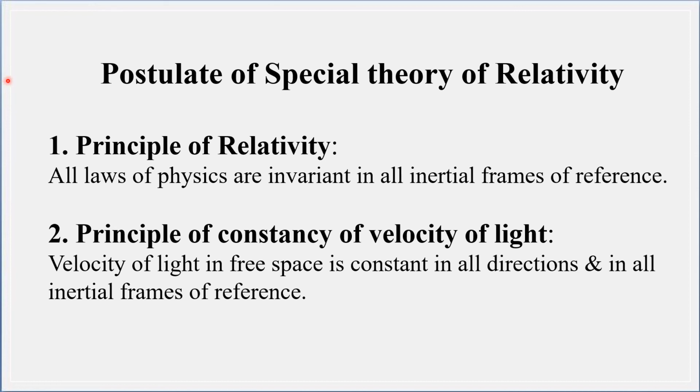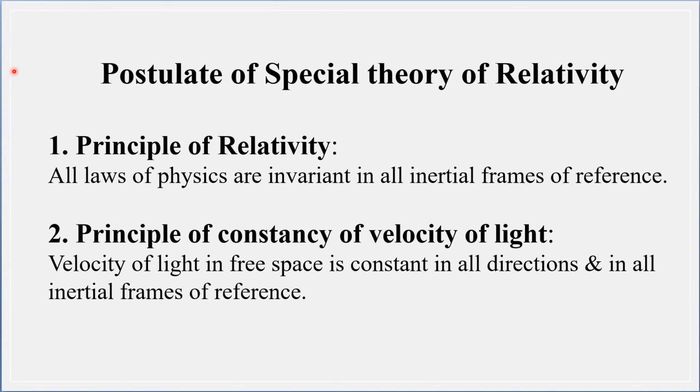The Michelson-Morley experiment experimentally proved that the velocity of the light is absolute, and Maxwell's theory of electromagnetic waves proved that light is an electromagnetic wave and its velocity is absolute. It does not change with the frames of reference. These two results were used by Einstein to give the theory of relativity.